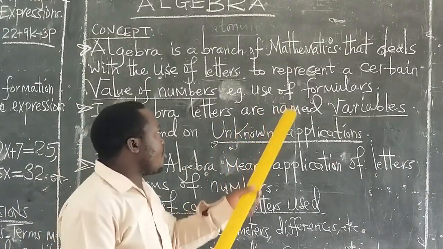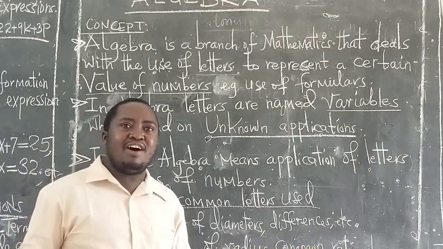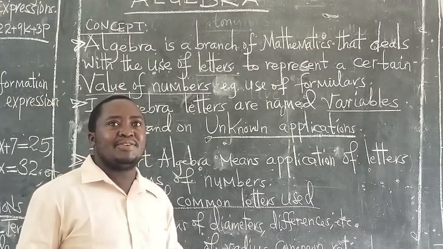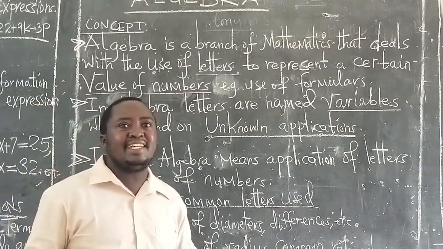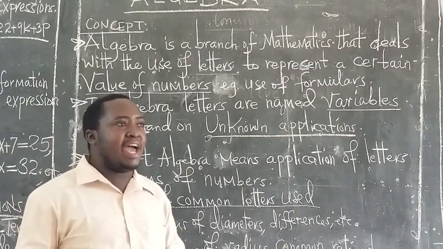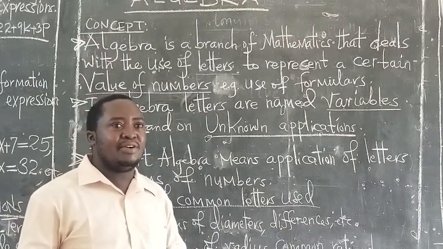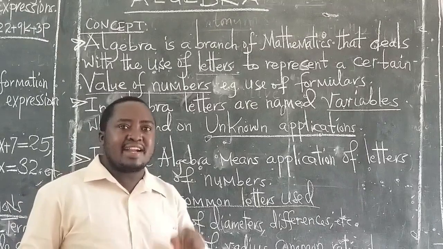For example, we always use formulas. Formulas are always formed by letters. So those letters you see in formulas represent certain values of numbers. So when you are using a formula, you must know what the letter involved in that formula represents.